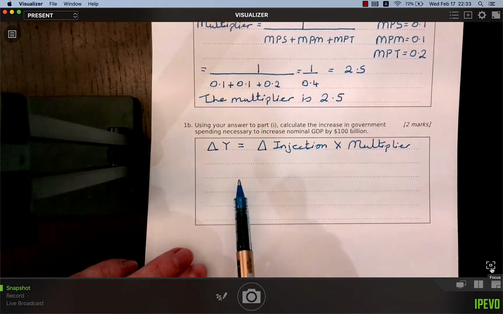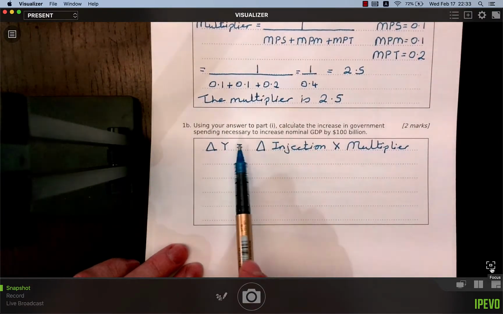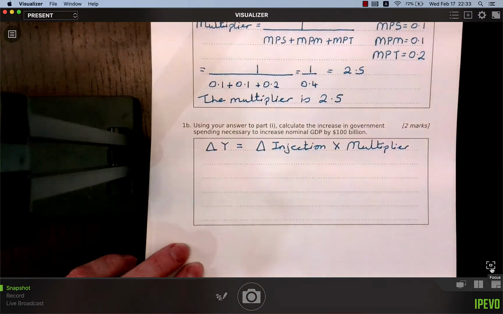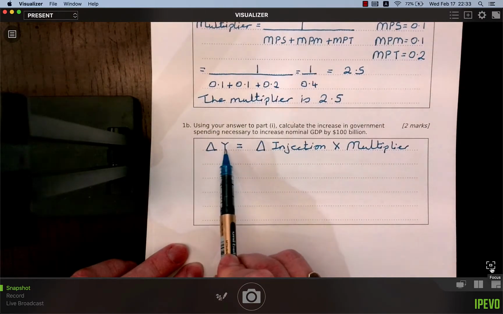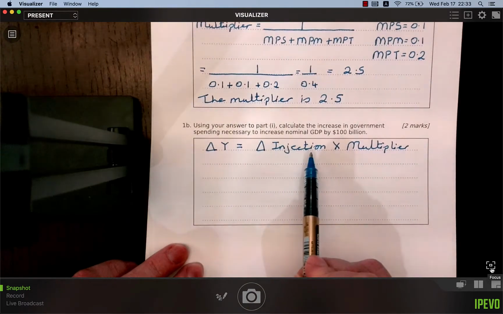Using your answer to part 1, calculate the increase in government spending necessary to increase nominal GDP by 100 billion. The resultant increase in national income, delta GDP, equals the change in the injection times the multiplier.